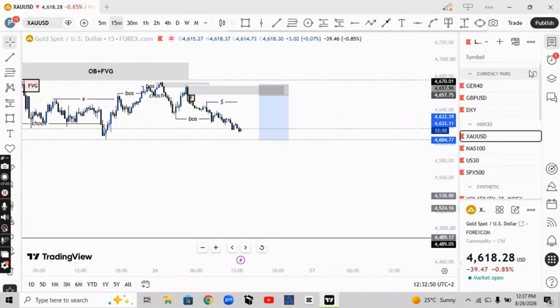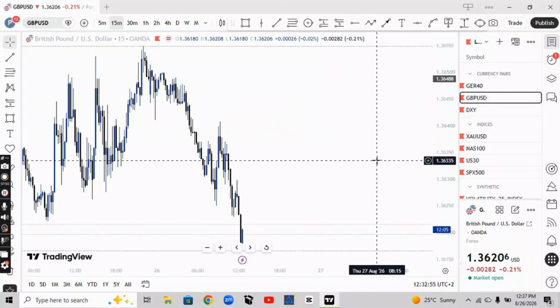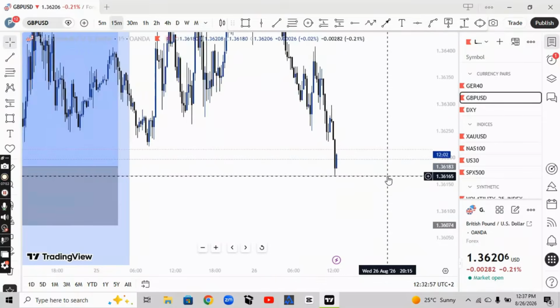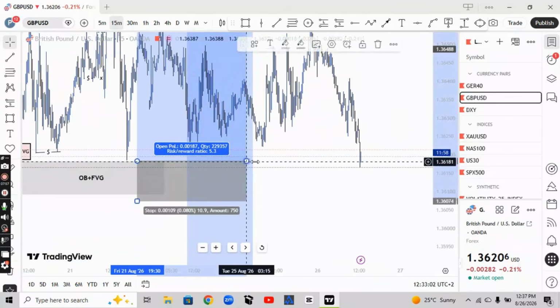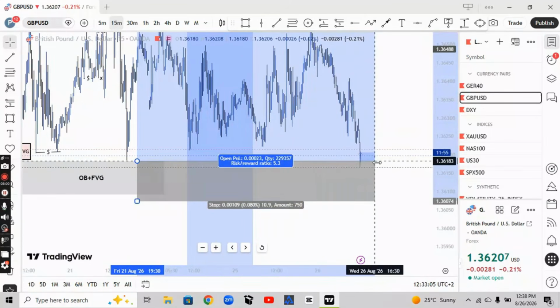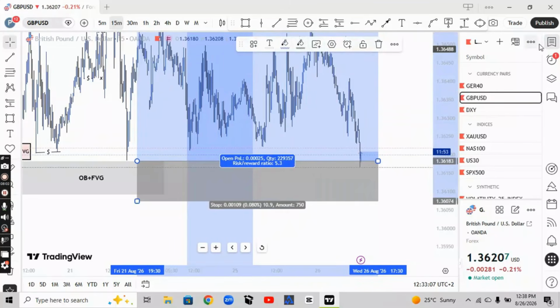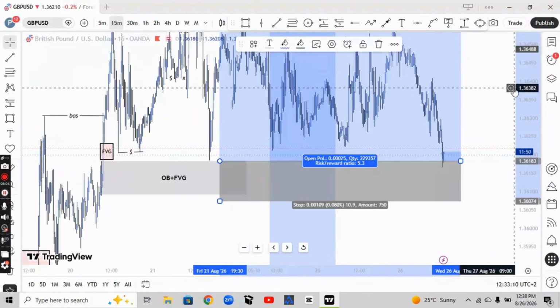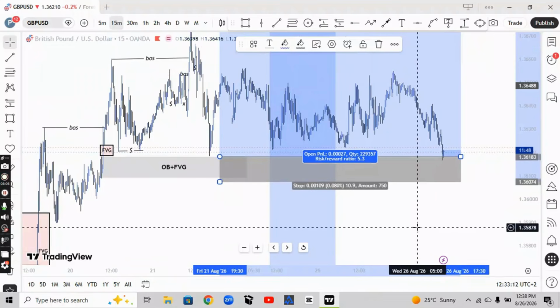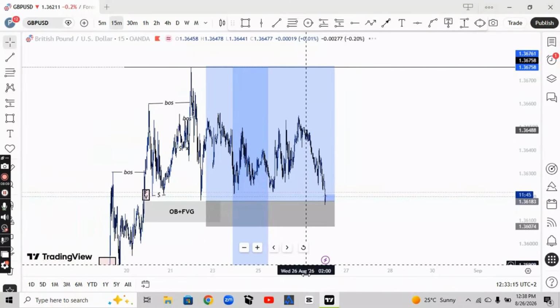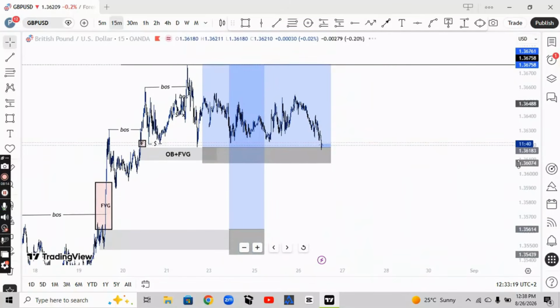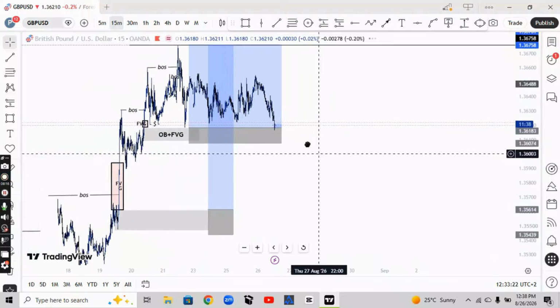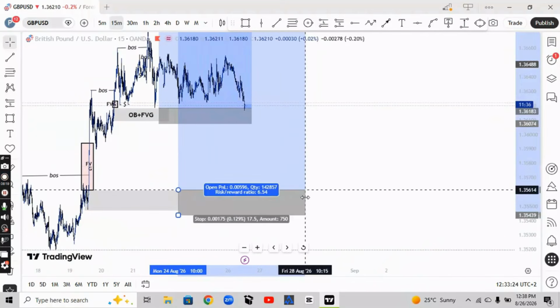And then I remember we also did GBP USD. Okay, it has triggered. I actually had two levels on GBP USD. I had this level, which was my point of interest, and I have this level here.